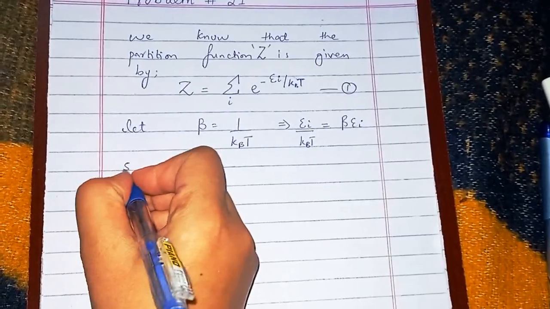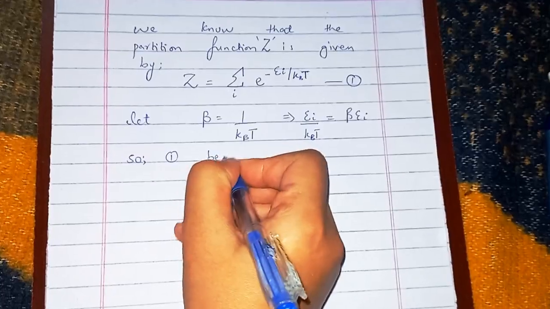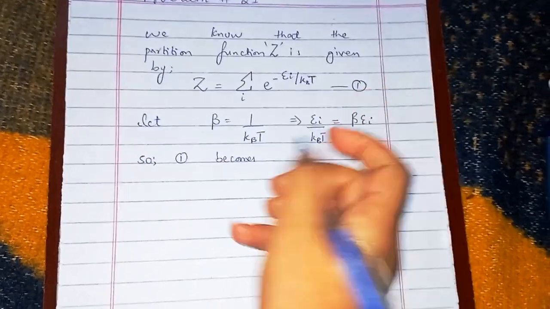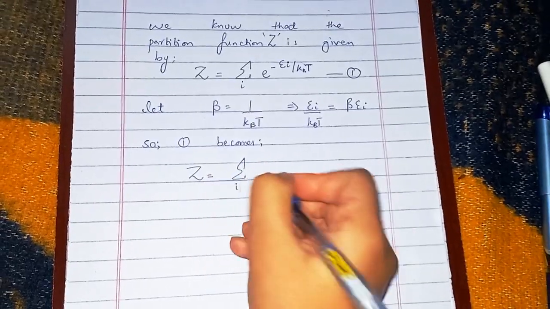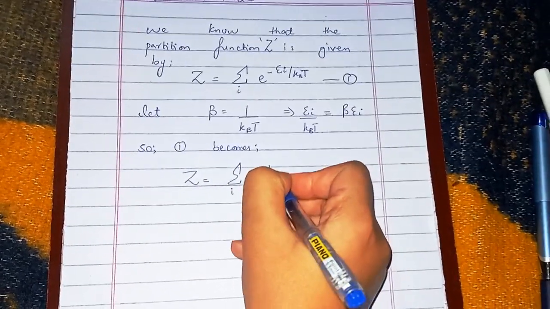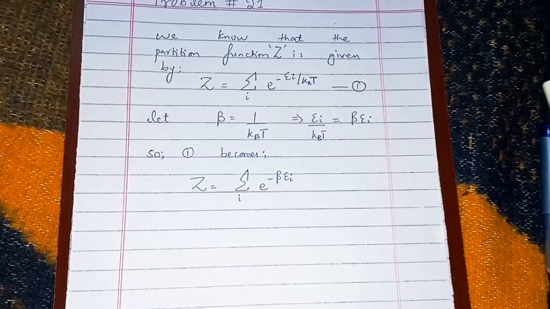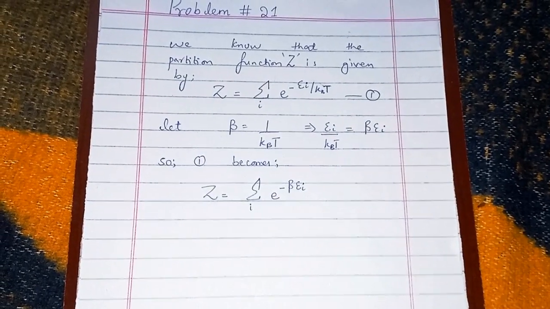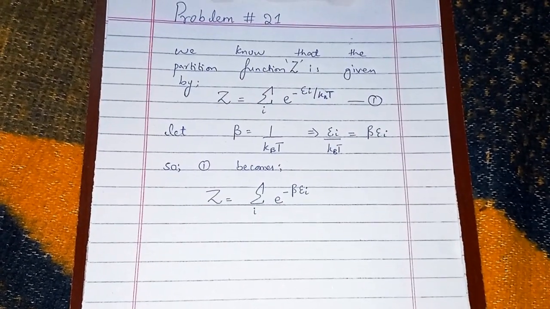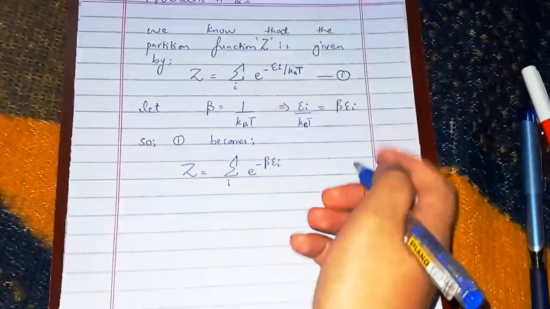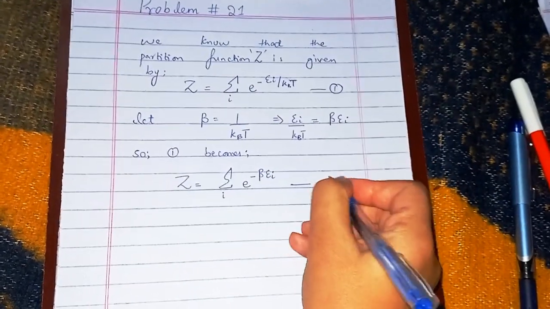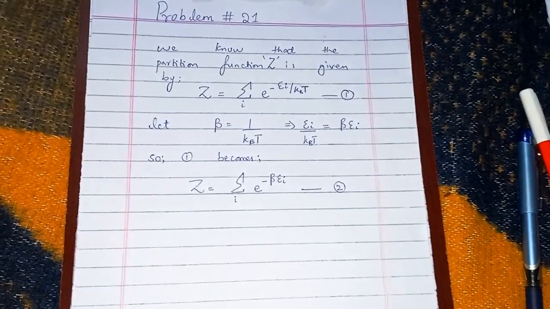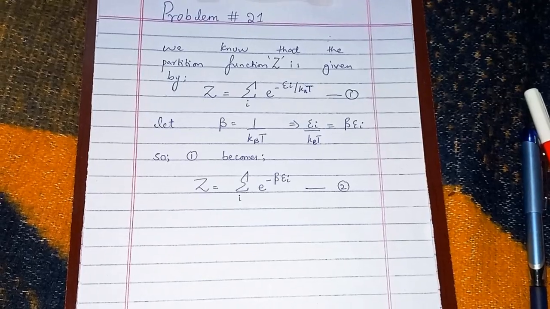So, since it's equation number 1, the partition function becomes this. You should realize these steps. That's why I rewrote them, because you need to identify that that's the general one, and that's the one that we got after putting beta. So this is the partition function that will accompany us throughout the calculations.